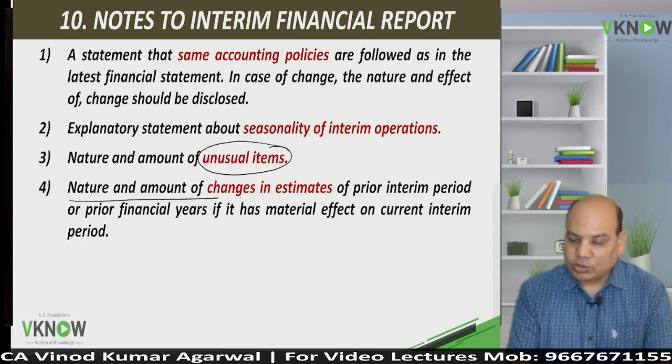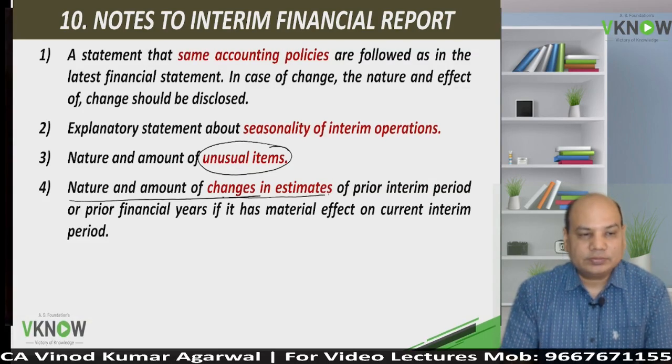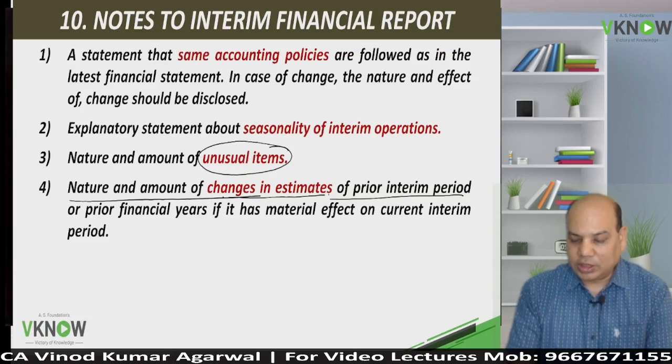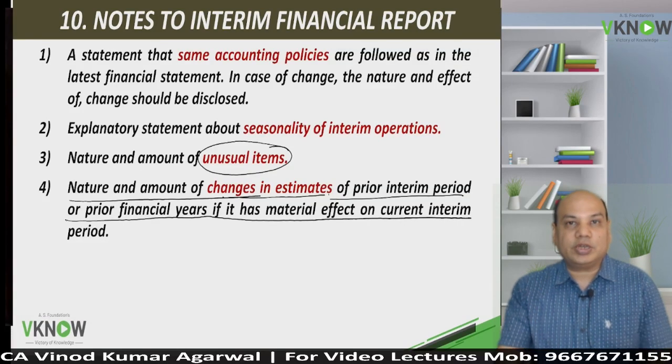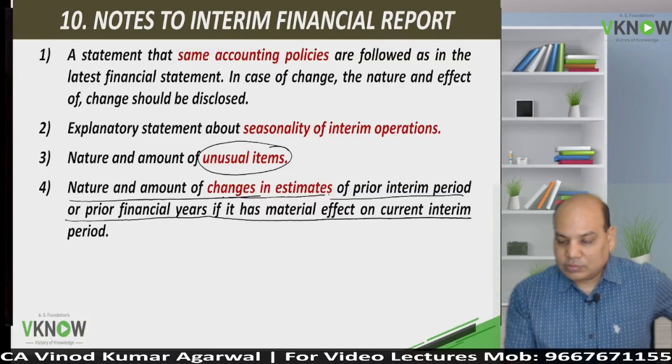The nature and amount of changes in estimates of prior interim period or prior financial year, if it has a material effect on the current interim period. Sir, what is this?